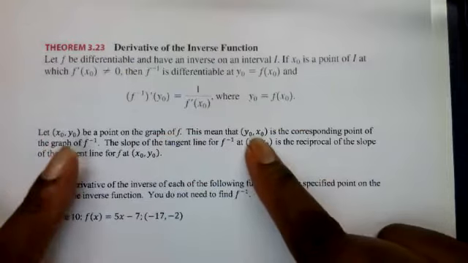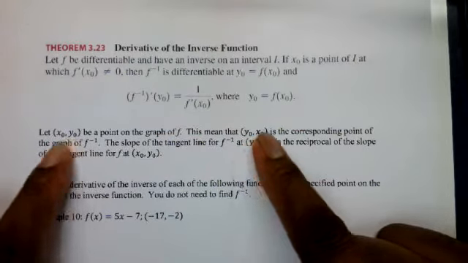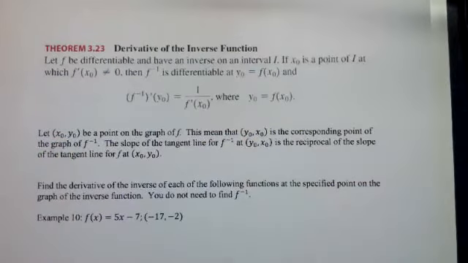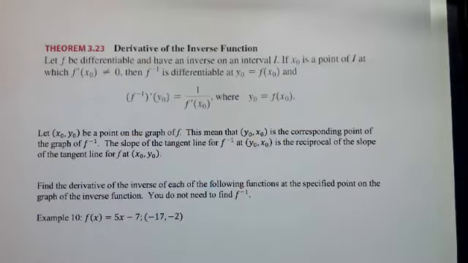When you're given an ordered pair, its inverse is just switching the x and the y coordinates around. The slope of the tangent line for f inverse at y sub 0, x sub 0 is the reciprocal of the slope of the tangent line for f at x sub 0, y sub 0.